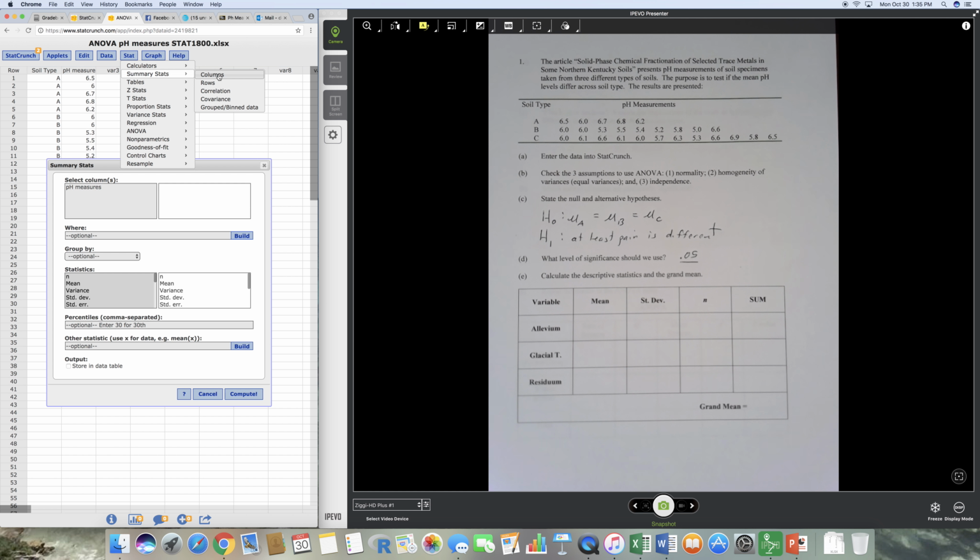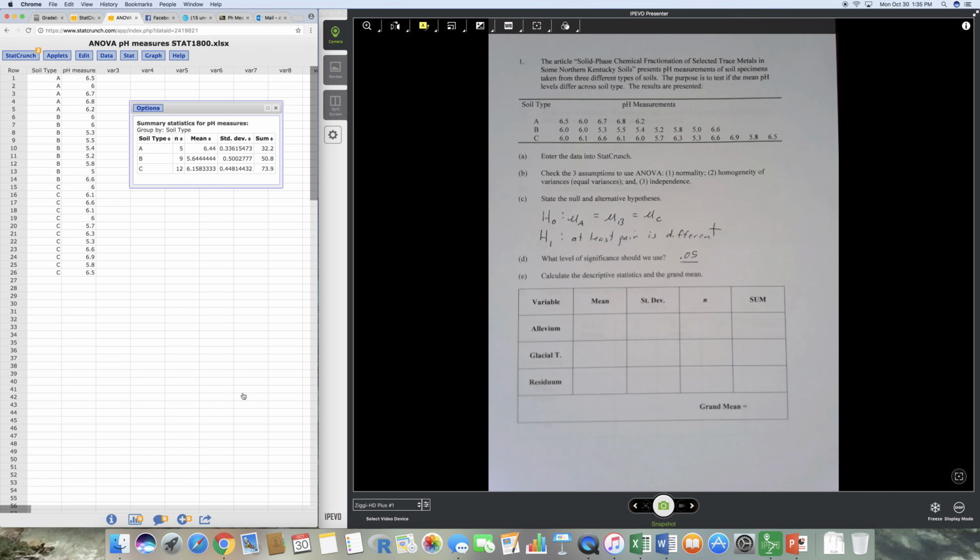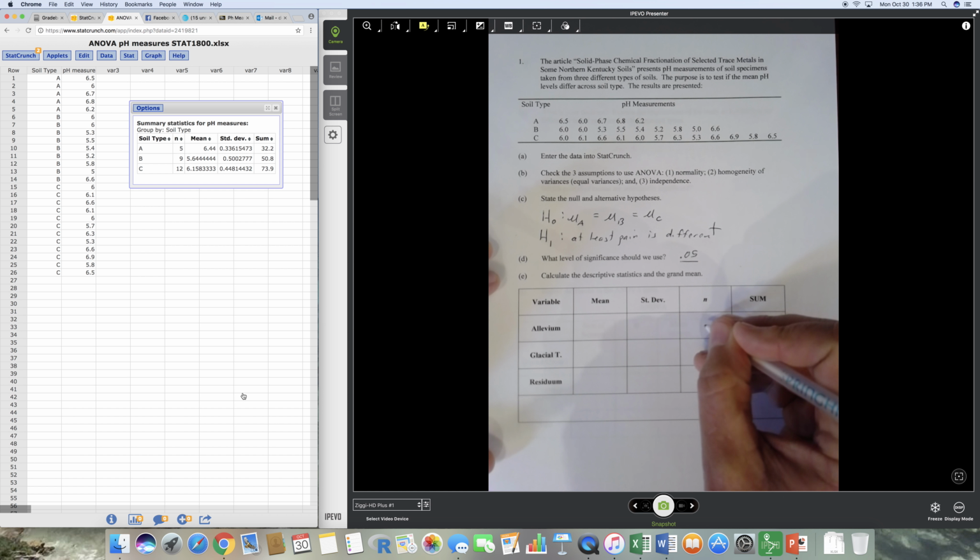We can handle that. So I want my pH measures to be grouped by soil type, and it looks like I want the sample size, the mean, the standard deviation, and for some strange reason we want the sum. All right, so sample sizes 5, 9, 12.